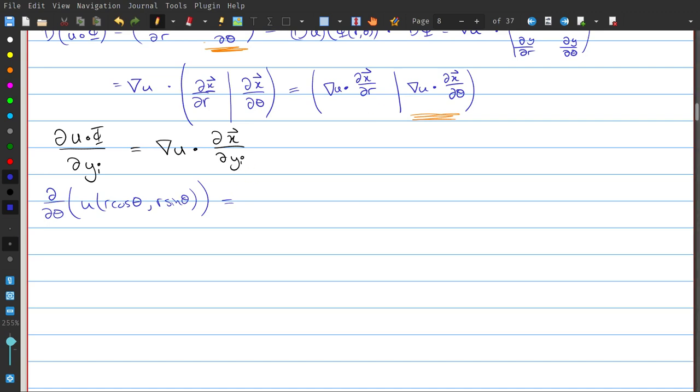So we're going to have the gradient of u, so u with respect to x, multiplied by the x coordinate with respect to theta, plus u with respect to y, and then y with respect to theta. So this is coming from the gradient.